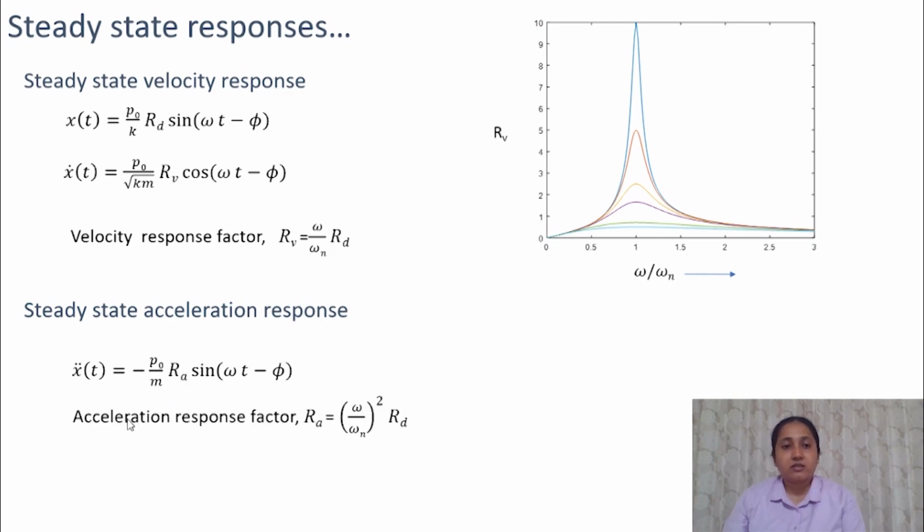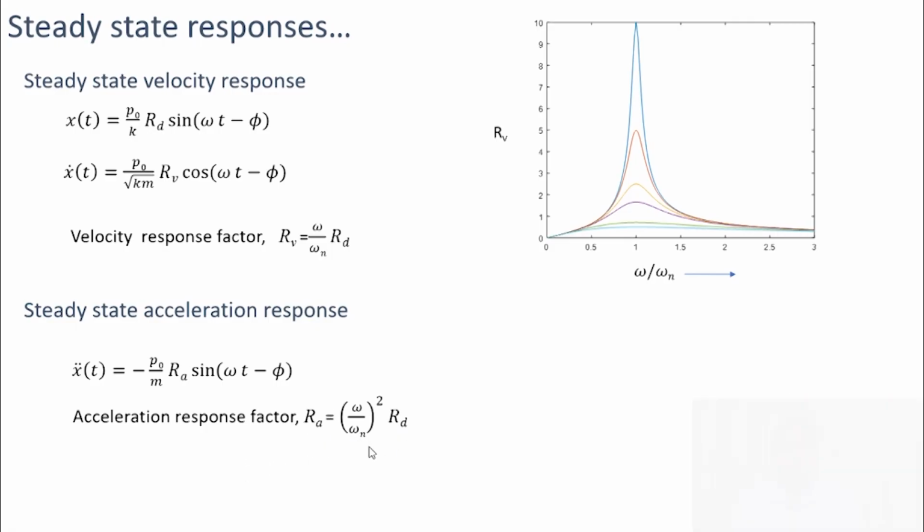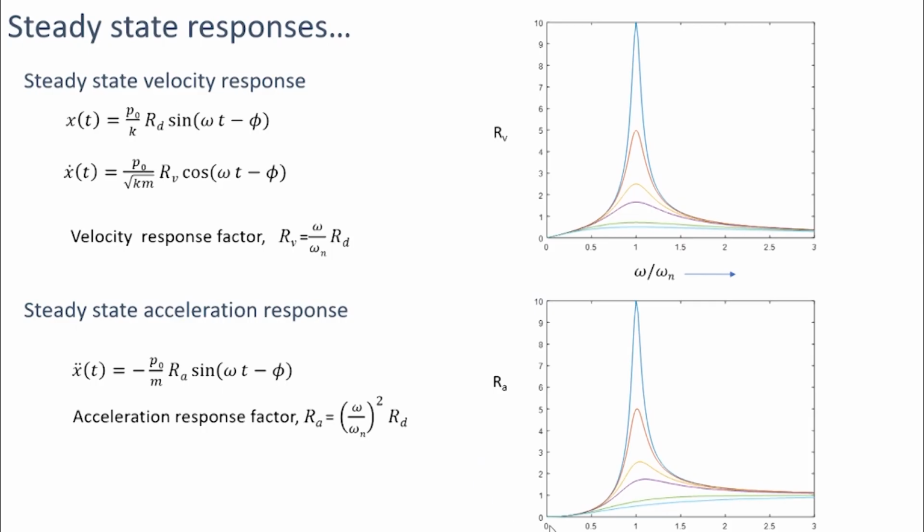And the acceleration response factor Ra is equal to omega by omega n, that is the frequency ratio, squared times Rd. So if we plot this Ra, we would get curves similar to Rv and Rd.